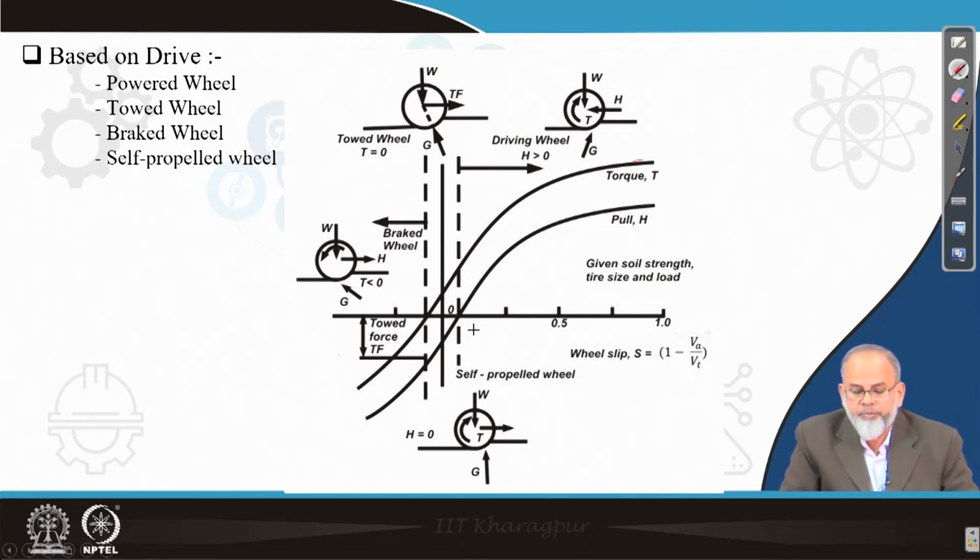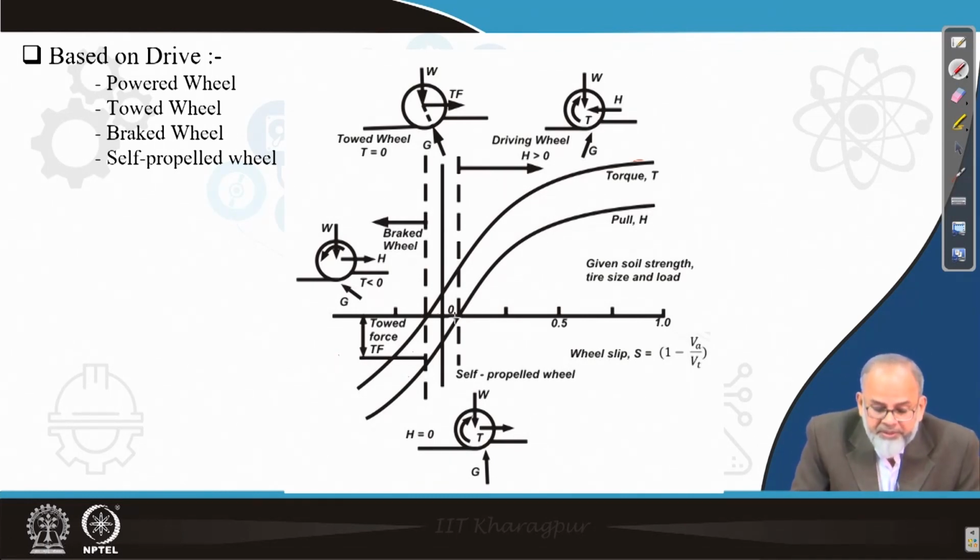What do you mean by this self-propelled condition? Self-propelled condition means the thrust which is developed because of the supply of input power or input torque is sufficient to develop a tractive force which will overcome the rolling resistance. There is no pull, so pull H is 0.